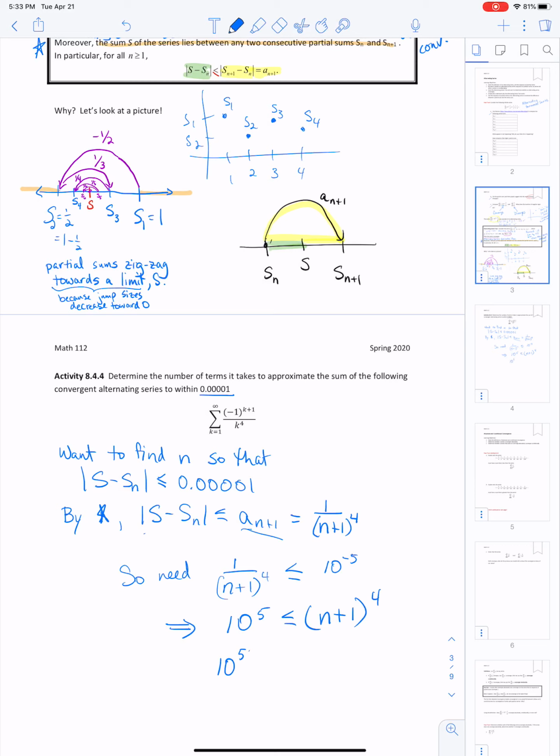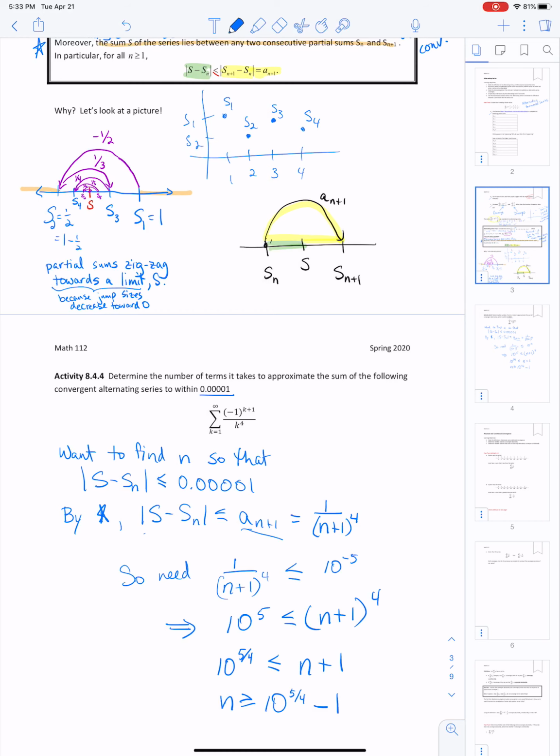Taking the fourth root, we can just divide by 4 here. It has to be less than or equal to n+1. So n has to be greater than or equal to 10 to the 5/4 minus 1.